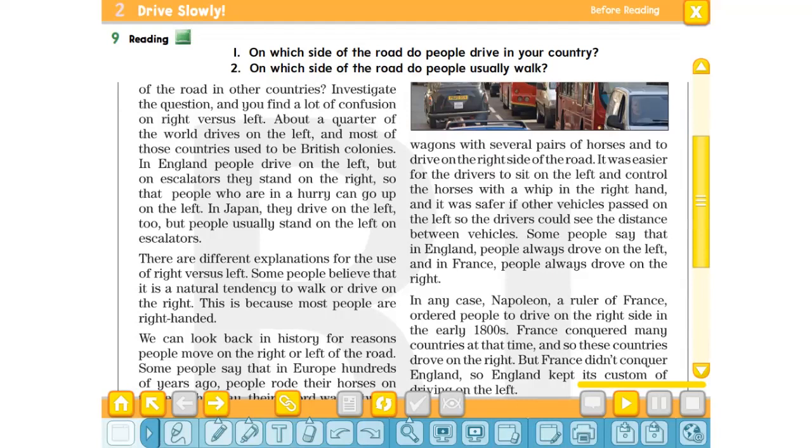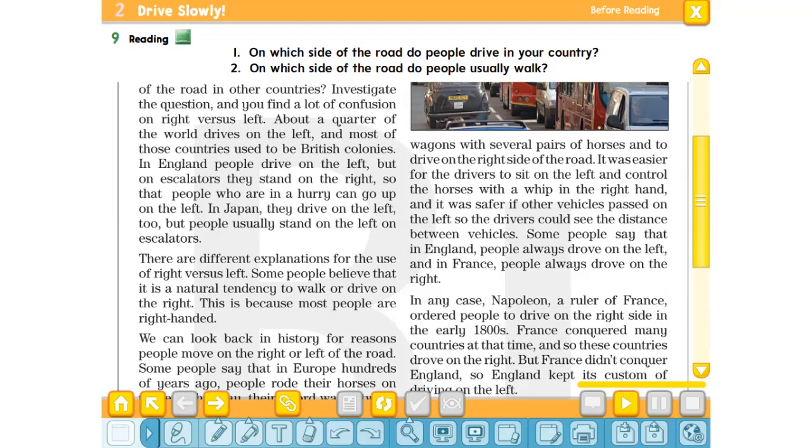There are different explanations for the use of right versus left.